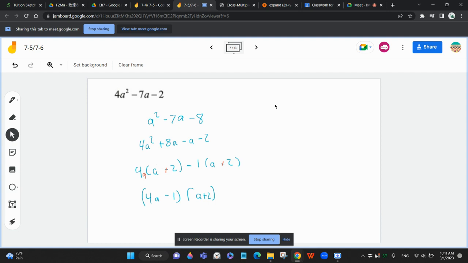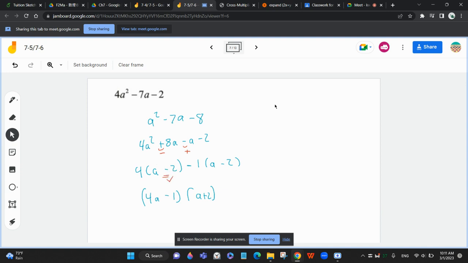So this one is negative, and this one is negative, and this one is positive. And then this one negative is correct.